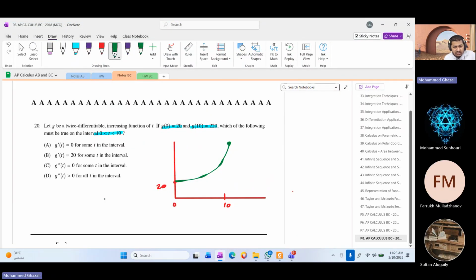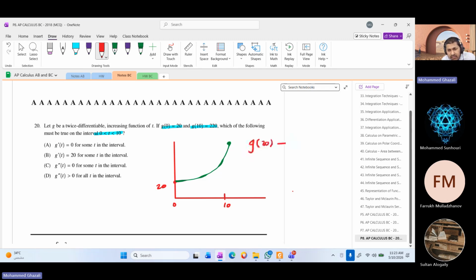G prime t is equal to 0 for some interval in t. So this was just increasing. G prime t is equal to 0. What does G prime t mean? G prime t means it's a slope. So let's find the slope here.